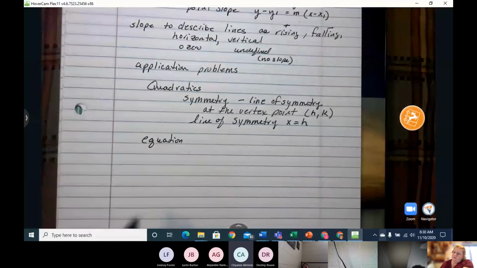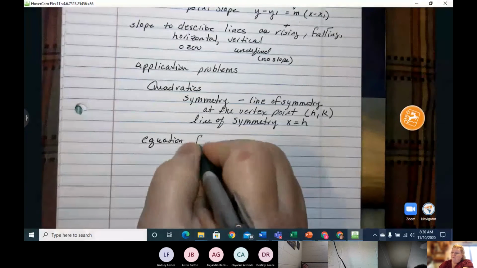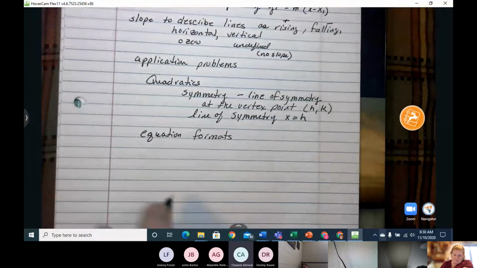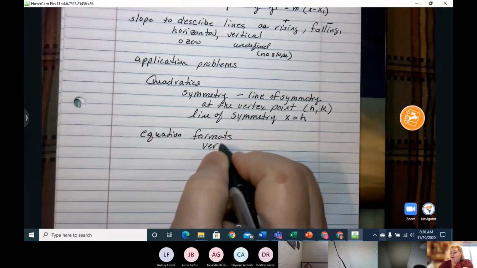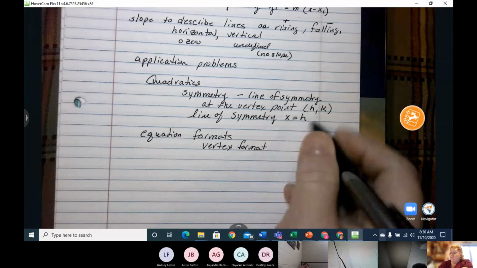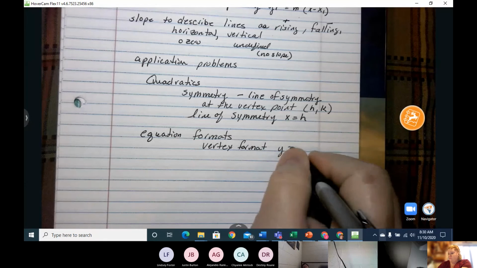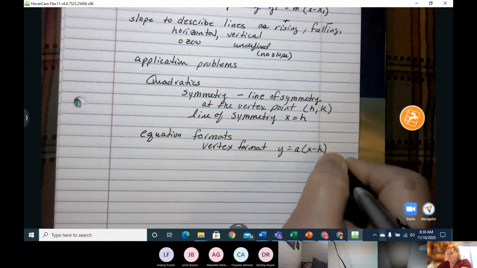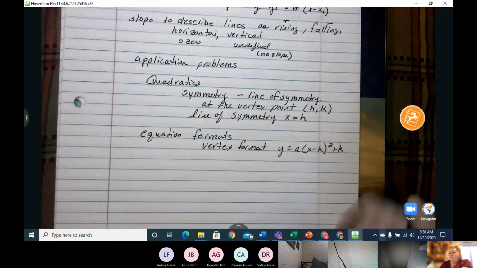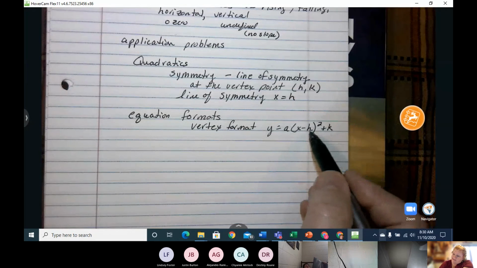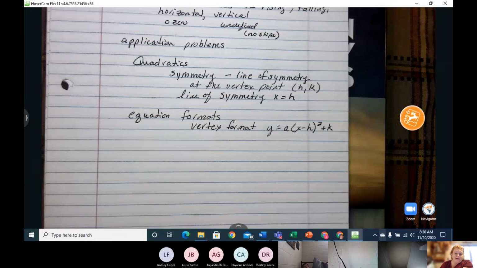You also learned about equation formats with your quadratics, where you had the vertex format. In the vertex format, you can pick out the vertex, h and k, when it's in that format.